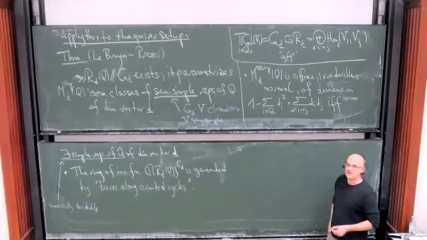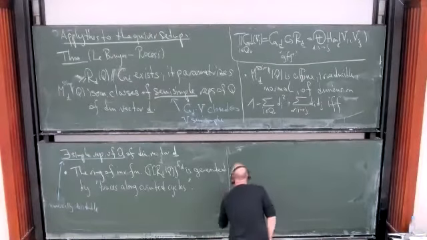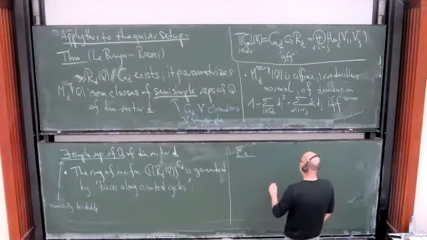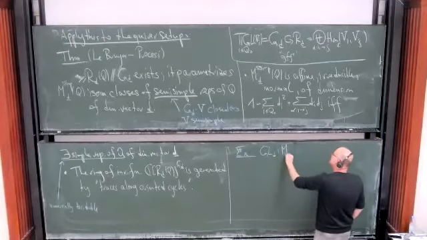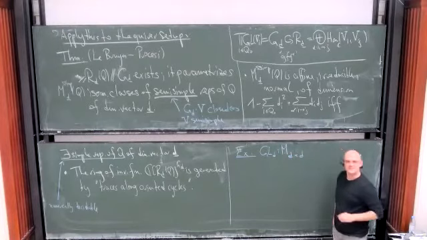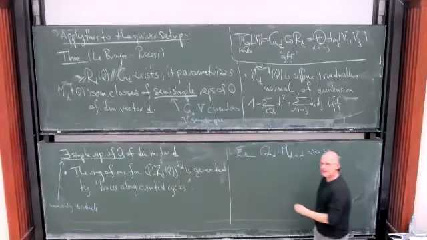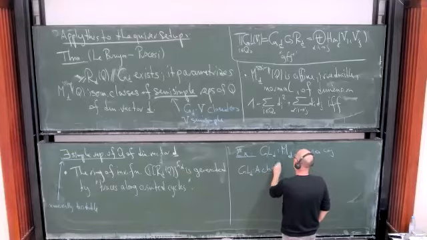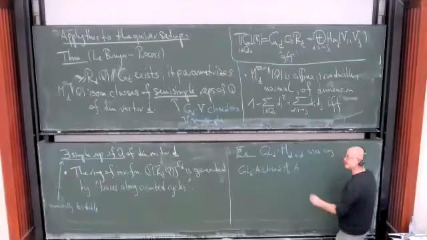Example: let's just consider the conjugation action of GL_d on square matrices. So I claim that the orbit of a matrix A is closed if and only if the matrix A is diagonalizable.